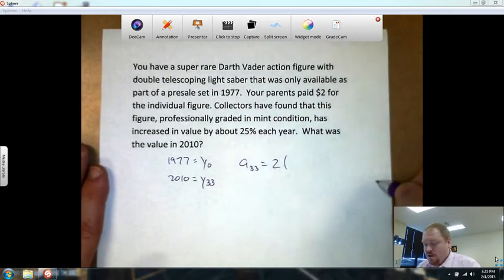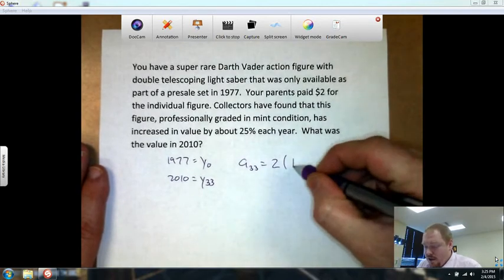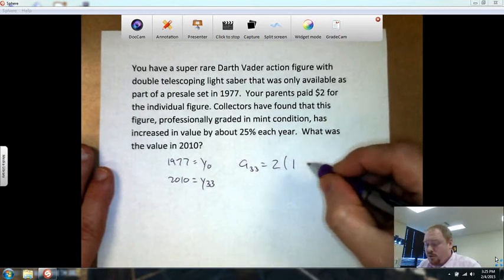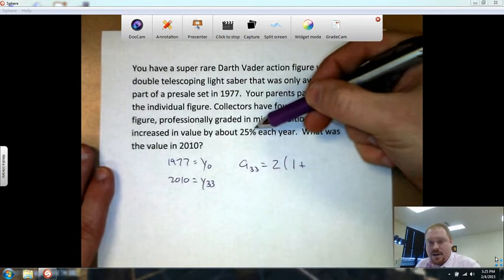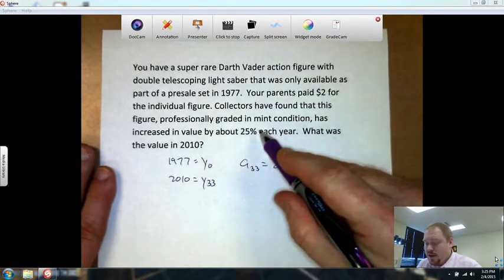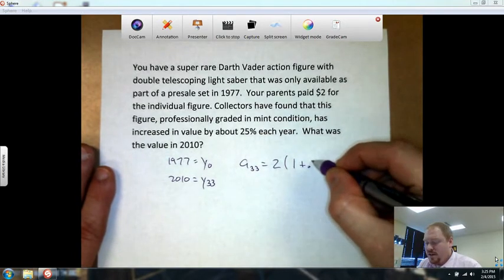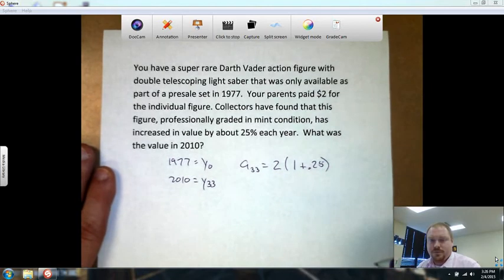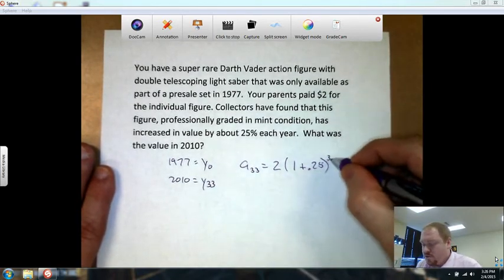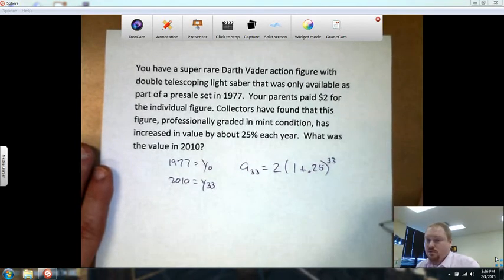Whenever something's growing and they give us a percent, it's always 1 plus that percent. So, as a decimal, that 25% is 0.25. And then, in this case, to the 33rd power. So we're still using that same formula.